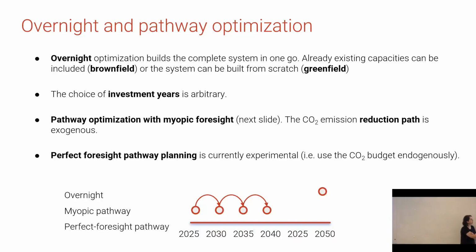And you can also choose the investment year. So you could say, I'm going to find a carbon neutral system, assuming technological cost forecasted for 2050, or assuming cost of today, and see how things evolve.